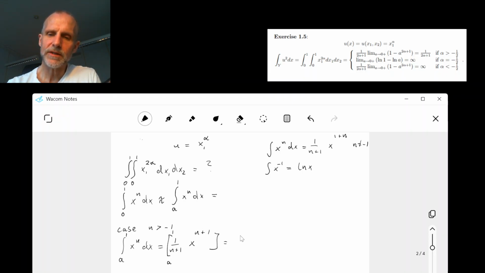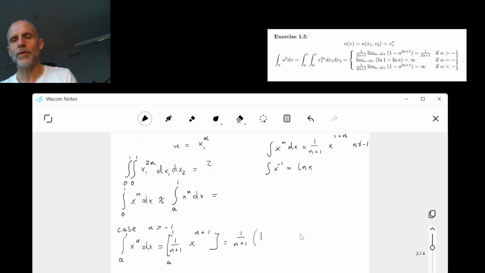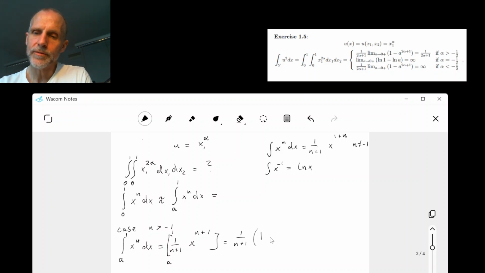And what's happening then is that we have 1 over n plus 1, and inside here we have 1 to the power of n plus 1, which is just equal to 1, and minus a to the power of n plus 1.